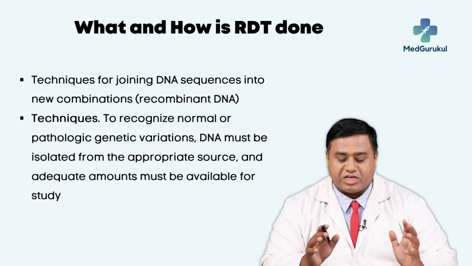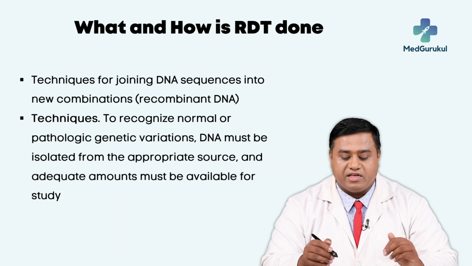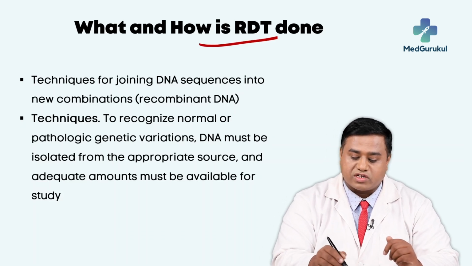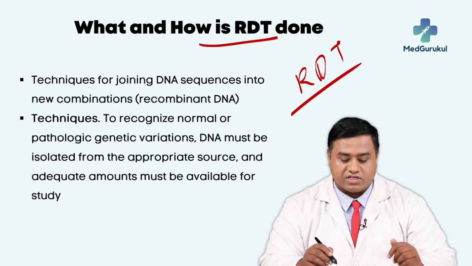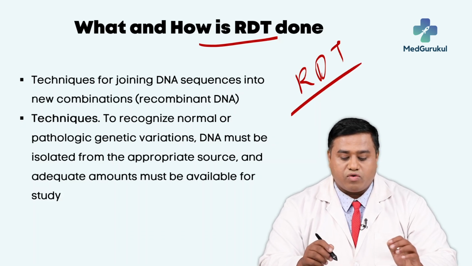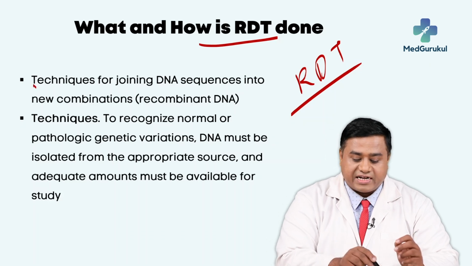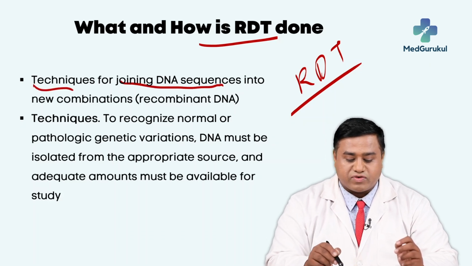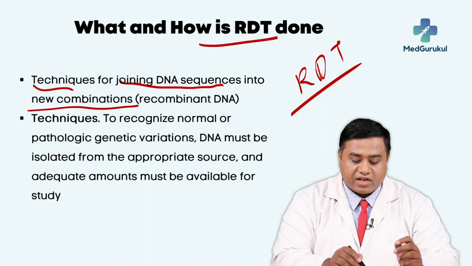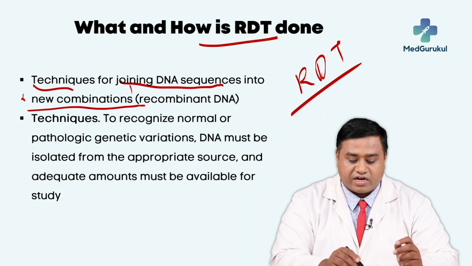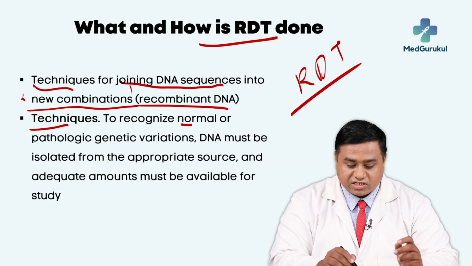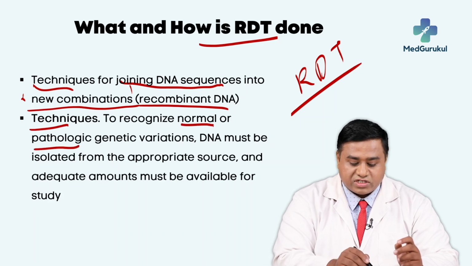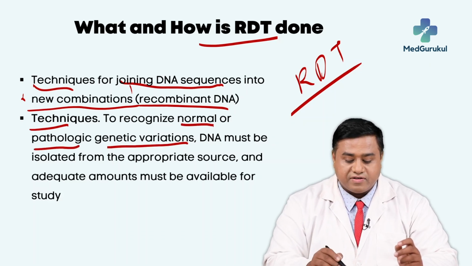Using that information, we will be able to do what is called RDT, that is recombinant DNA technology. So, what is RDT and how is it done? This is a technique of joining different sequences of DNA, forming a new combination which is called recombinant DNA, and this technique recognizes normal and pathogenic genetic variations.